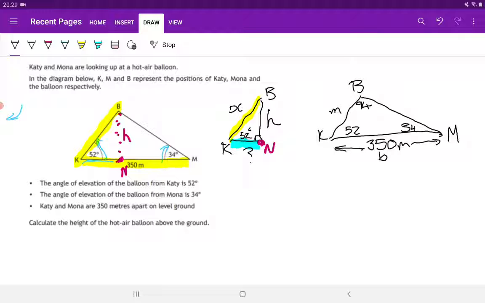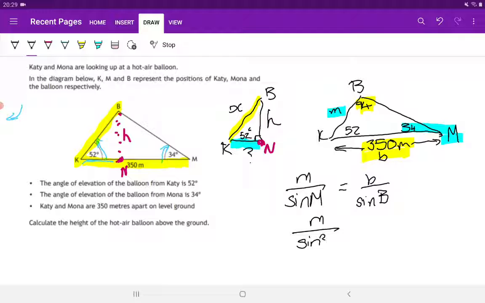So we can use Sine Rule, because we have M is what we're trying to get, and we know angle M, and we know 350, and we've just worked out angle B. So we're going to have M over sine M equals B over sine B. So M is what we're trying to work out, sine M is sine 34, and that's equal to B, which is 350, over sine B, which is sine 94.